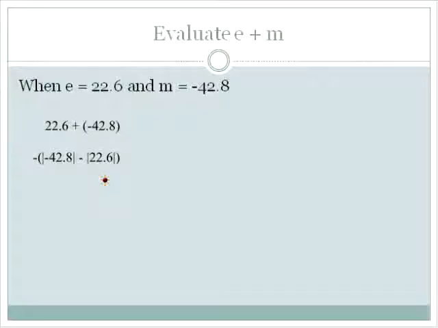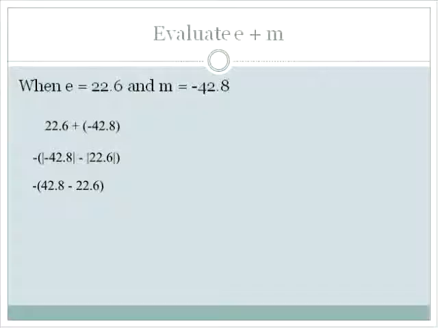To do that, we'll first take the absolute value of each of those, and we'll end up with positive 42.8, but negative overall, and 22.6. So now we have a more simplified question.